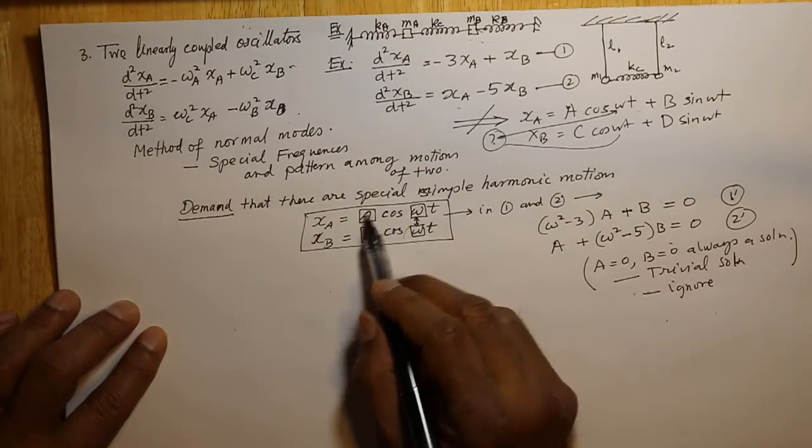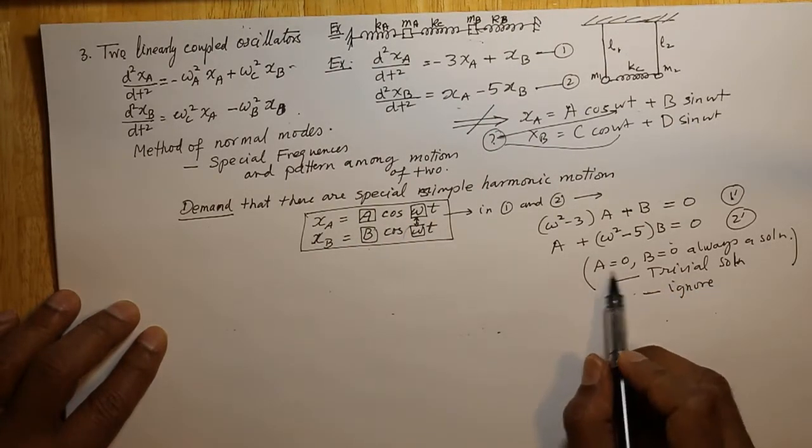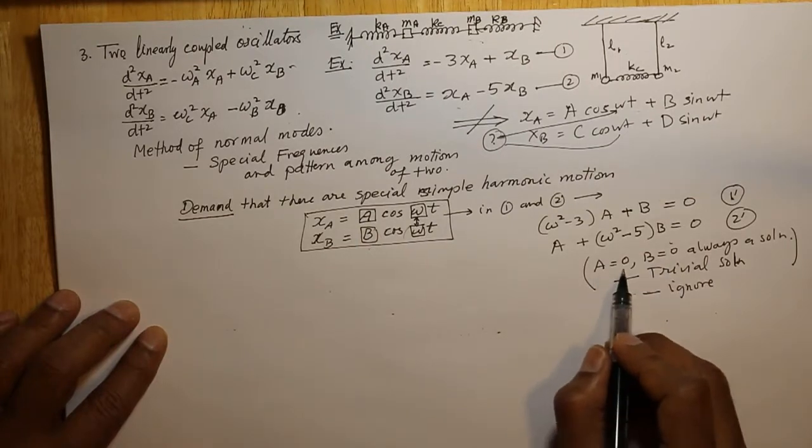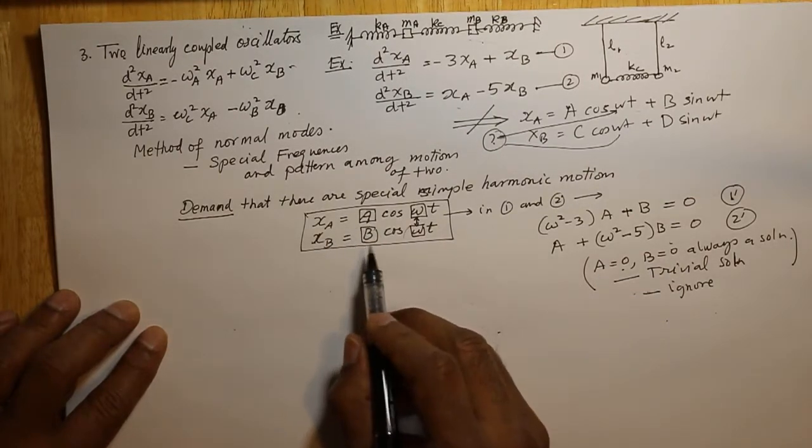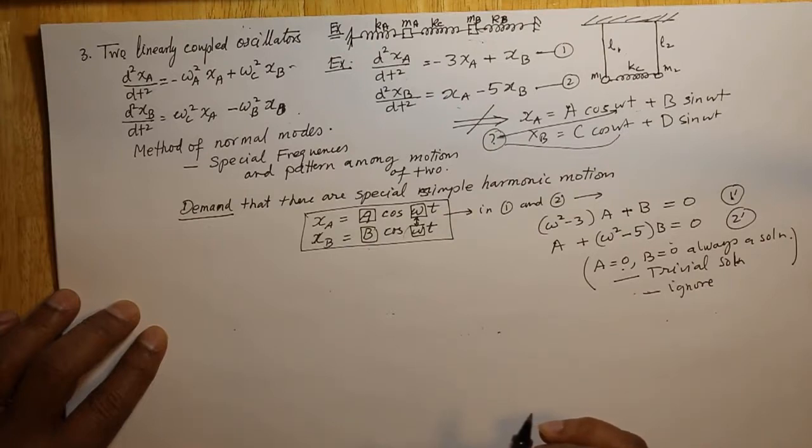Because we're looking for motion, and we're not looking for them not moving at all. If A equals 0, x will always be 0, so they are basically sitting at equilibrium.